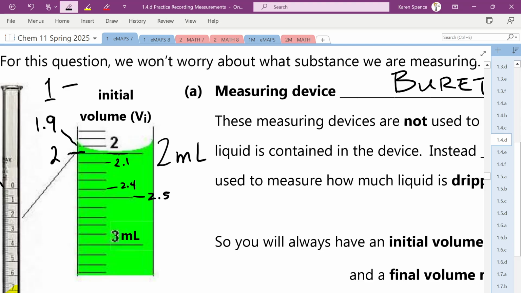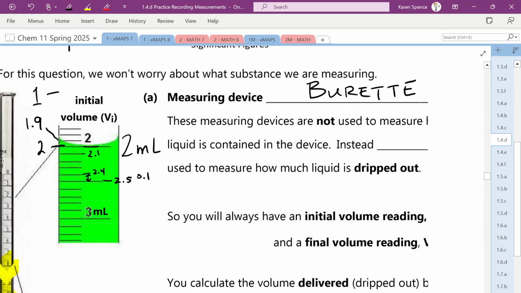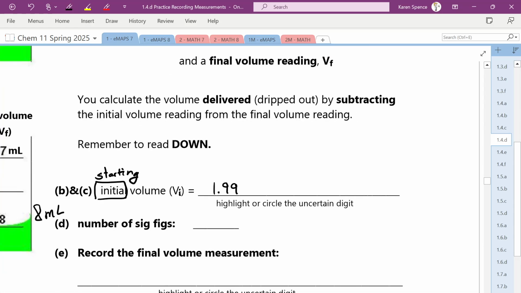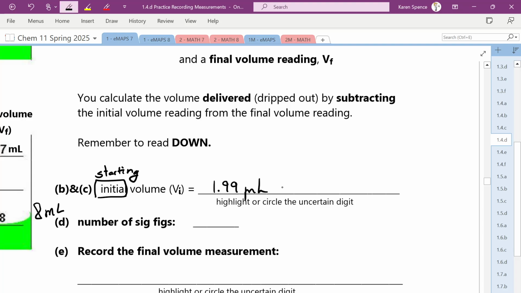If you wanted to call this 2, you would have to say 2.00, because the smallest division is 0.1, and so you can go to the 0.01. Whatever your smallest division is, you can go to one more place. So we have 1.99 milliliters, or you could say 2.00 milliliters. Both of these have 3 sig figs.